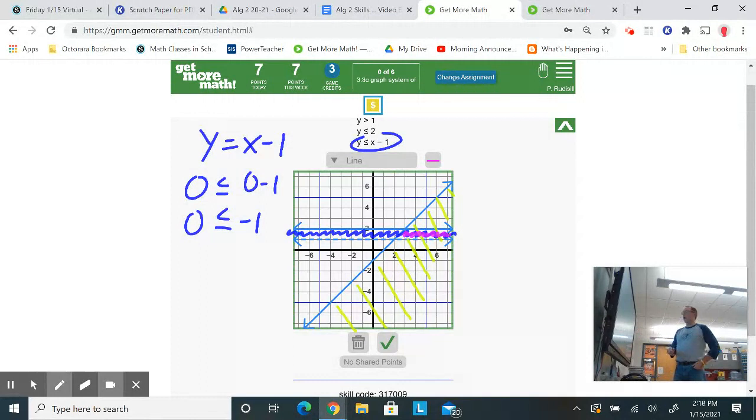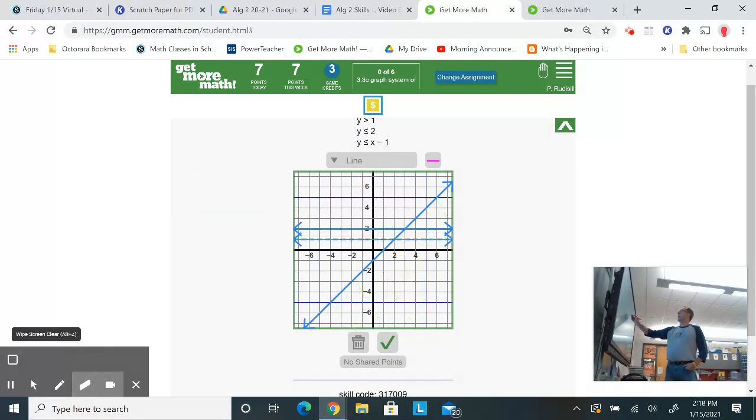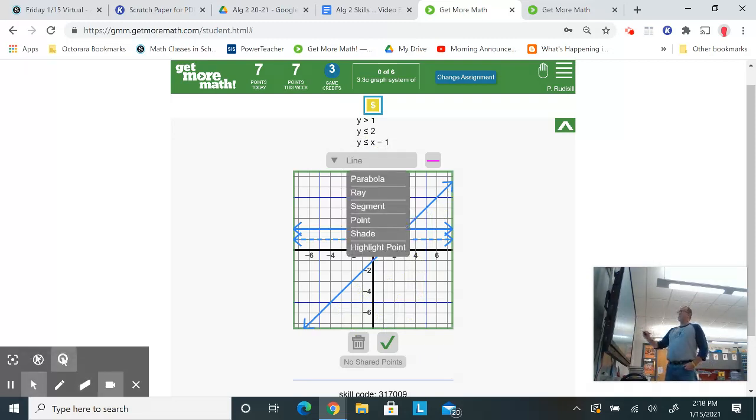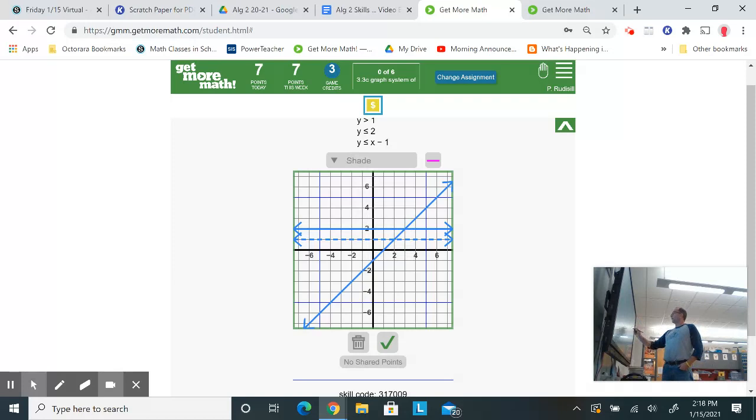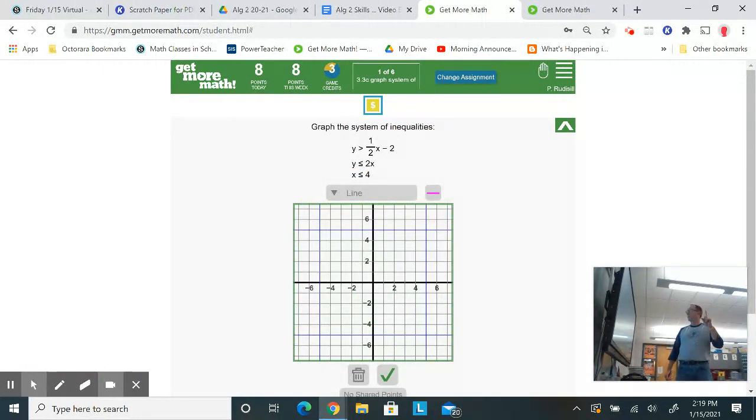So I will clear my work. I will tap on the menu to find the shade button. I'm going to shade everything in that little area. And if I double check it, make sure I agree with everything, I'm going to hit the check mark, and we got it. We'll do one more.